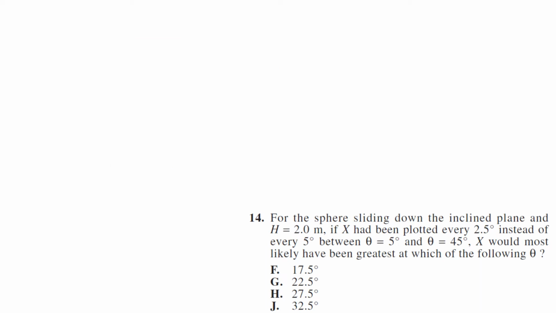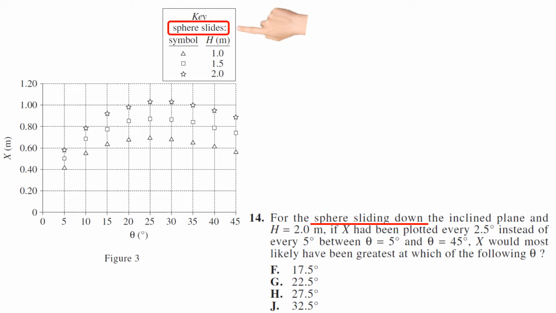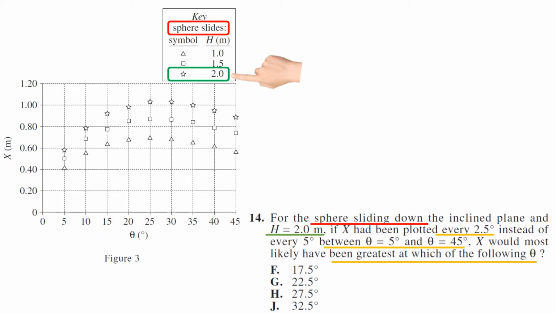Number 14, for the sphere sliding down, so we're using figure 3, the sliding sphere, and an H of 2, so it's the star. If X had been plotted every 2.5 degrees instead of every 5, so we were plotting it every 5, right? So we're doing it 2.5. We're shrinking the measurement. Where would it have been the greatest?